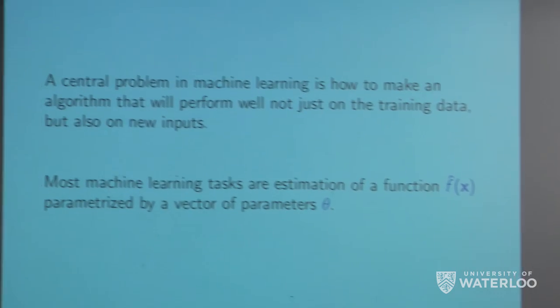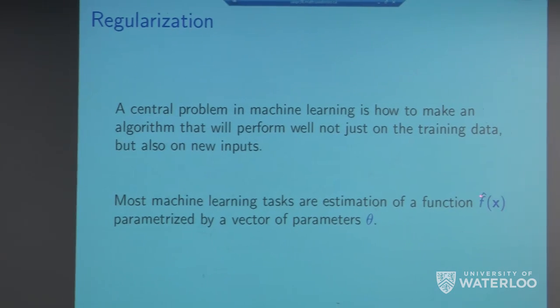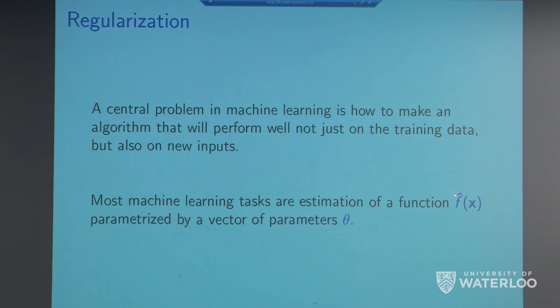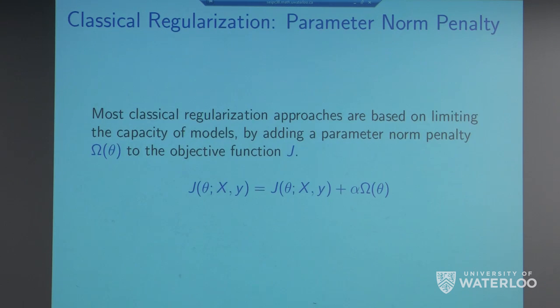The setting now is that I have an estimated function f hat, and I have some parameters in the model. Let's call it theta. And say I have an error function, an objective function. In general, this error function is a function of input x, target variable y, and the parameters of the model, theta.